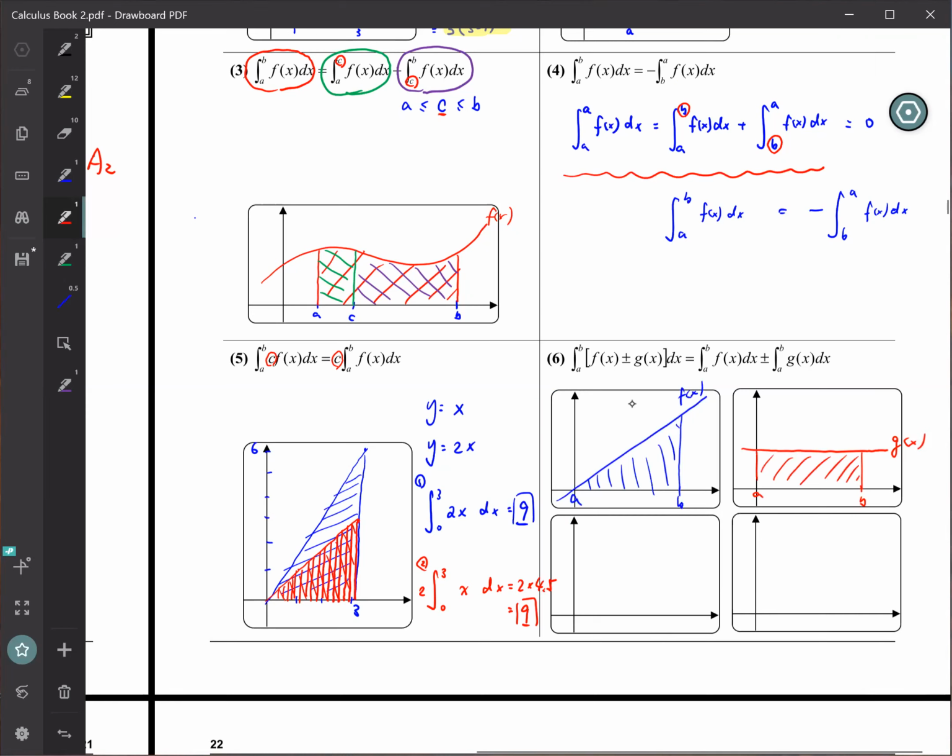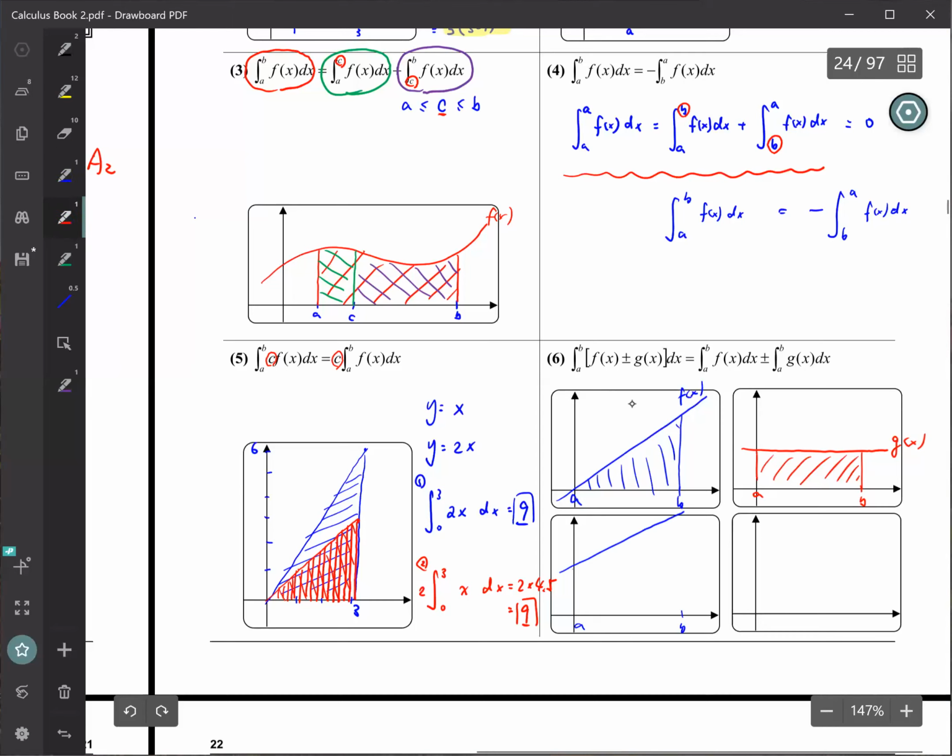So if I want to find the area of those two added together, right? f of x plus g of x. When you add these two functions together, basically you add up all the y's, right? f of x is like the y value, so the whole thing just adds up to become higher, goes there, right?